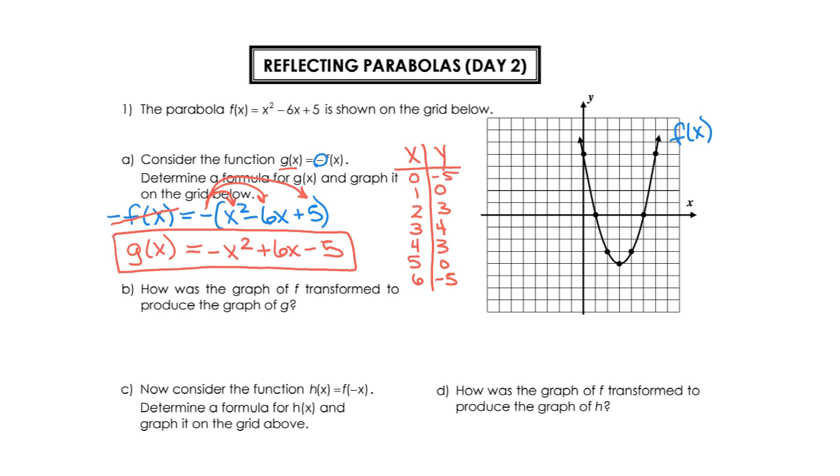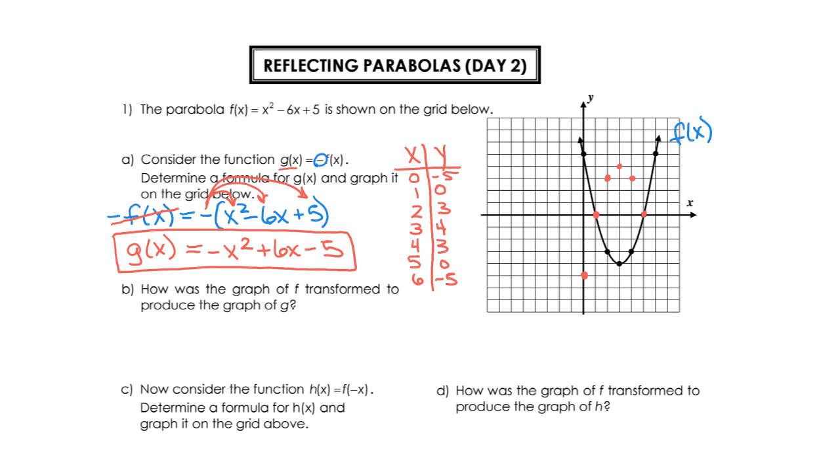And then I'm going to go ahead and graph it. So 0, negative 5. Careful with 0, negative 5. 0 means no left and right, 5 down. Then 1, 0, 2, 3, 3, 4, 4, 3, 5, 0, and 6, negative 5.